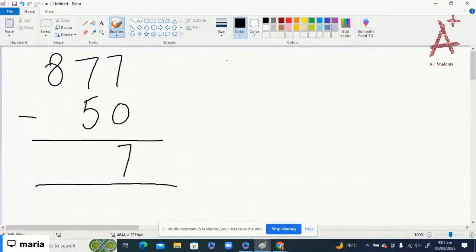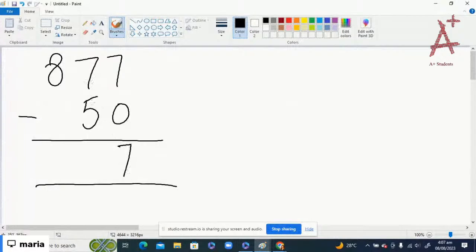When you subtract 0 from any digit, you get the same number. So here we got the same number, that is 7. I'm just going to put it here, 7.